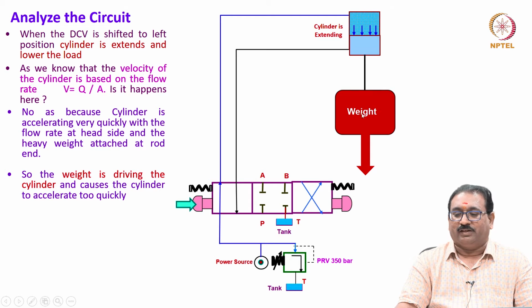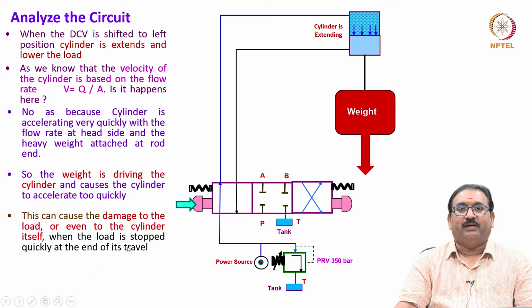So the weight is driving the cylinder and causing it to accelerate too quickly. This can cause damage to the load or even to the cylinder itself when the load is stopped quickly at the end of the travel. This is not the case.